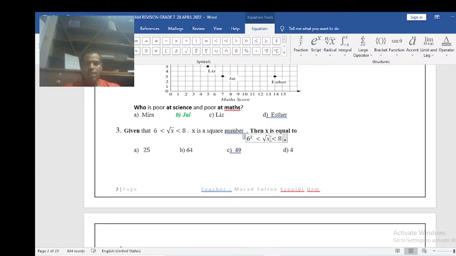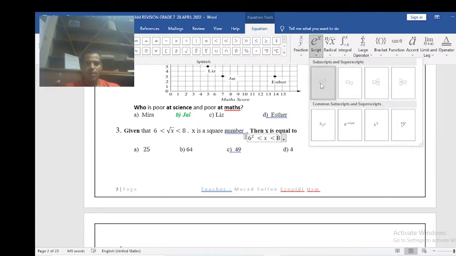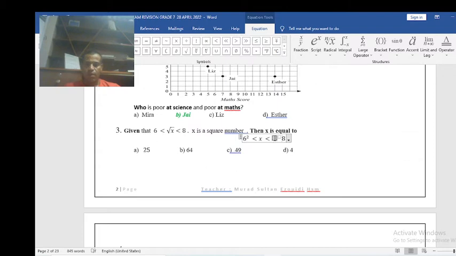And this is x, the variable, and this is 8 squared. Now we are going to find the value of x.